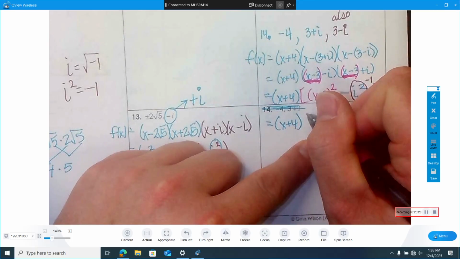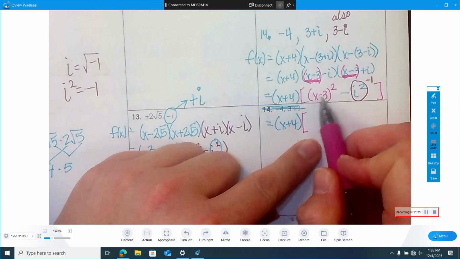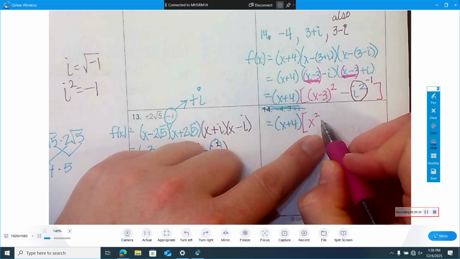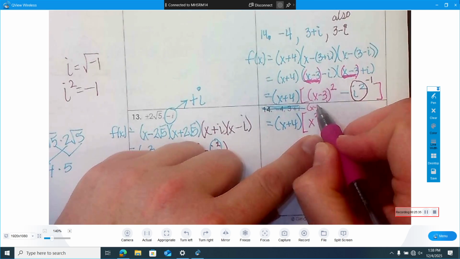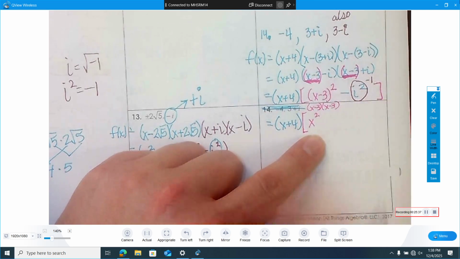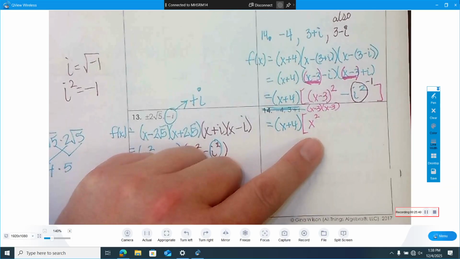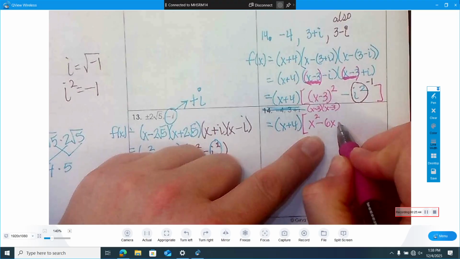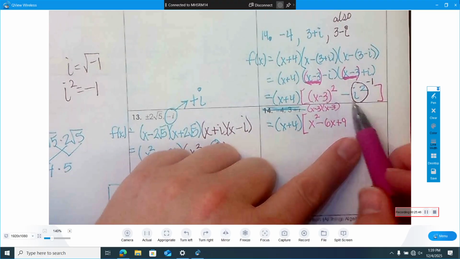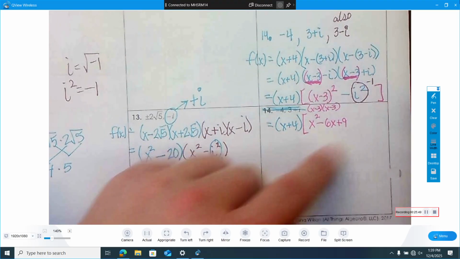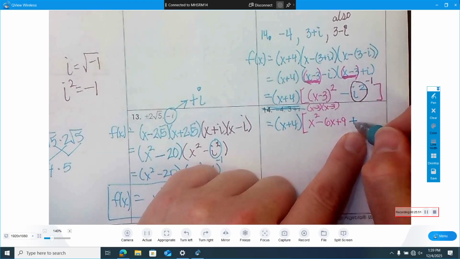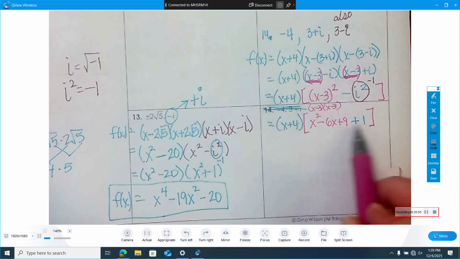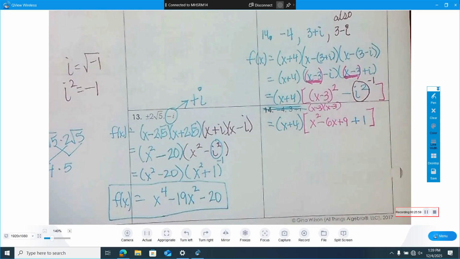And in pink here, x minus 3 times x minus 3. How does that FOIL out? Plus 9, good. And then we had the minus a negative 1, which becomes plus 1, and now we can combine that 1 and the 9 together.